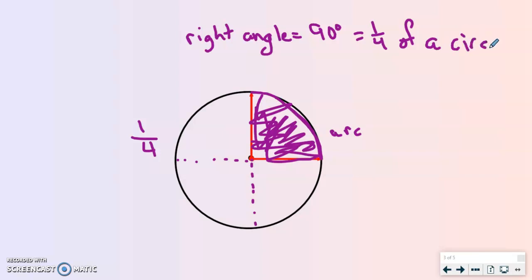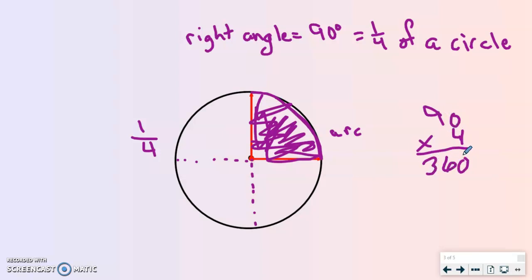Like I said before, the really cool thing about it, to me at least, is the math. If I know that this is 1/4 of the circle, then that would mean that if I had 4 90 degree angles, it should equal 360. Let's see. If I had 90 degrees 4 times, representing each of these pieces here, 4 times 0 is 0, and 4 times 9 is 36.